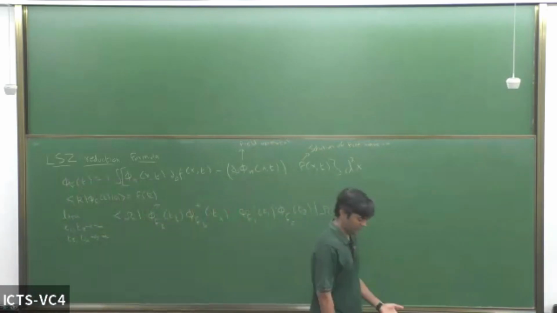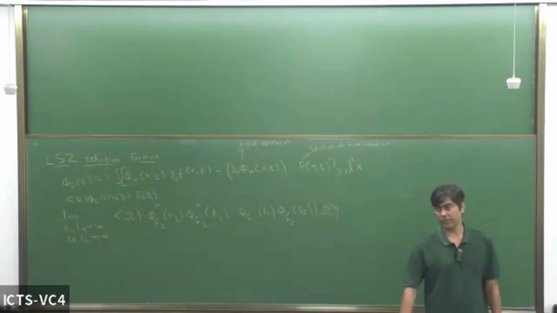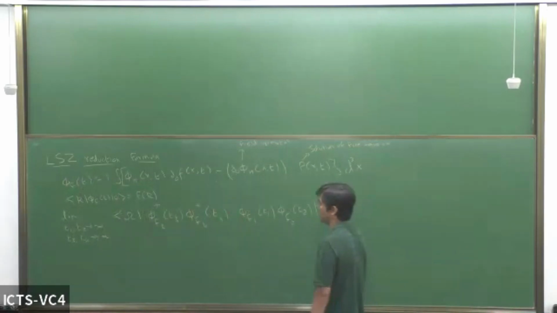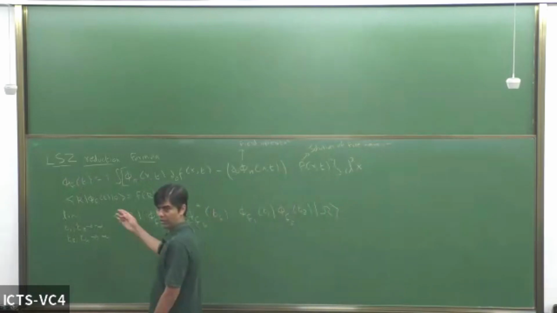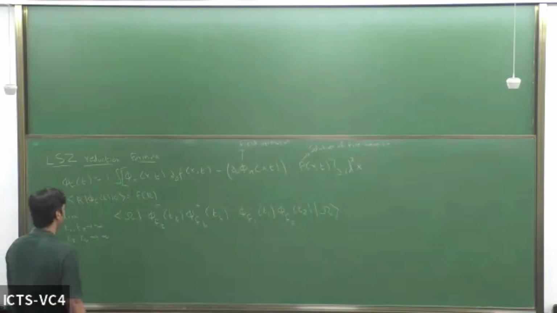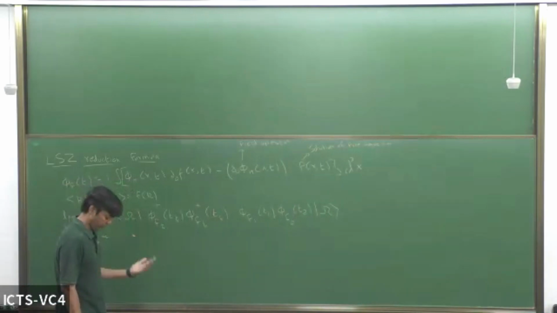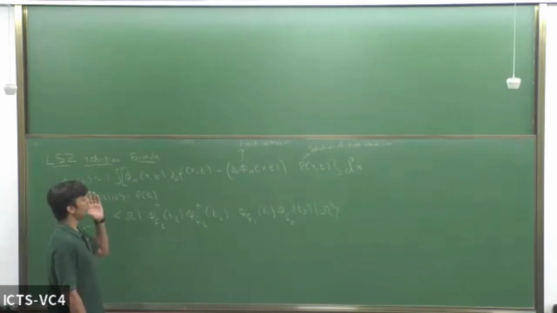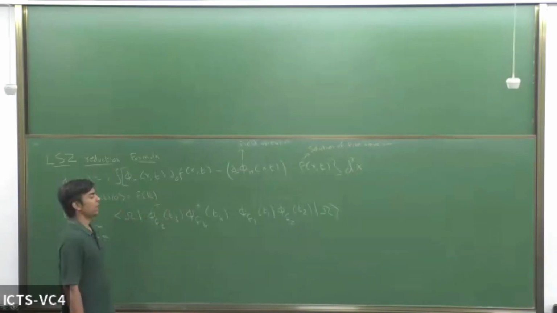Why do you have to act in the far past? Because when you act in the far past, you see this is not really a one-particle creation operator. This actually can create also multi-particle states. However, when you go to the far past or the far future, the contribution of the multi-particle states goes away.